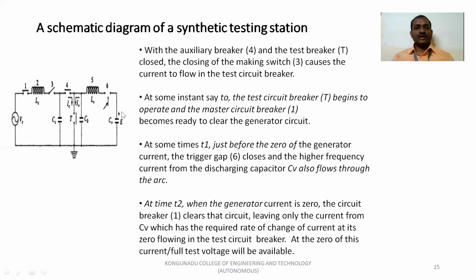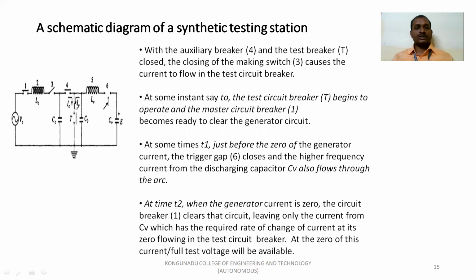With the auxiliary breaker 4 and the test breaker T closed, the making switch 3 causes the current to flow in the test circuit breaker. At some instant T0, the test circuit breaker begins to operate and the master circuit breaker 1 becomes ready to clear the generator circuit.